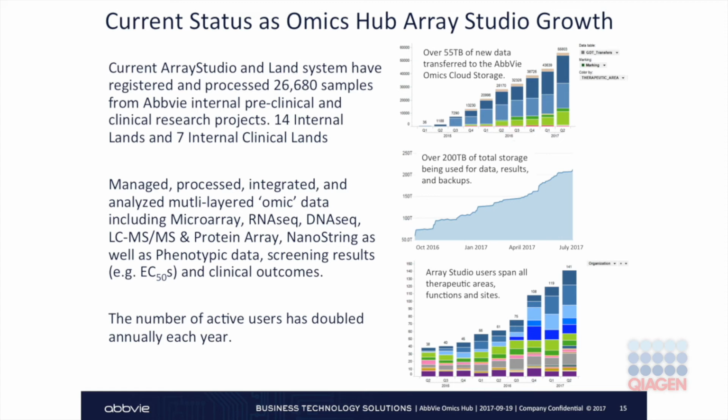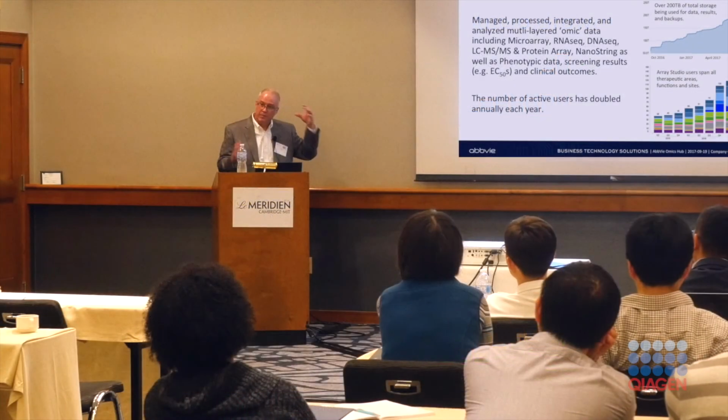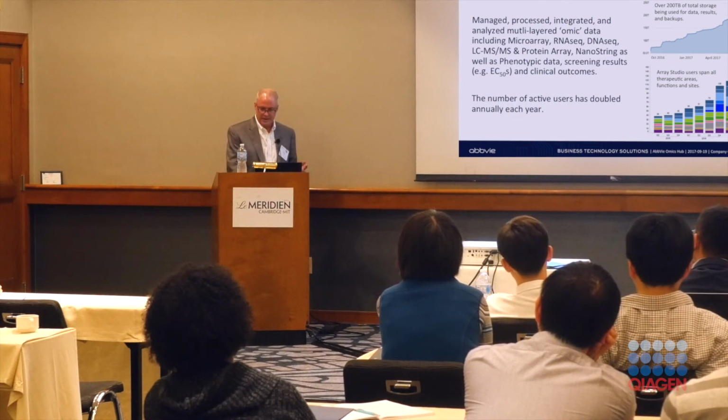And we've managed and processed and integrated omic data of a variety of types: microarray, RNA-seq, DNA-seq, protein data, NanoString, as well as the EC50 data and the clinical outcomes. So we've been able to put all that together in one place.